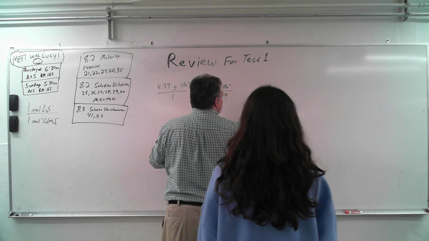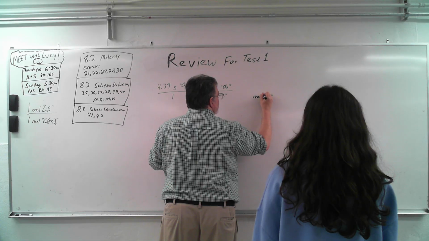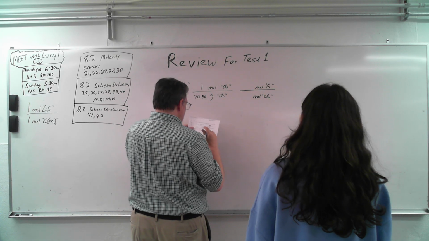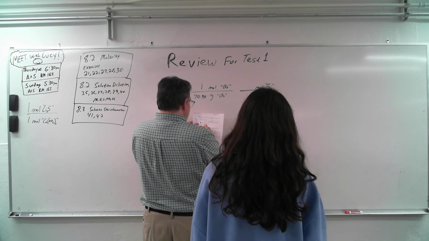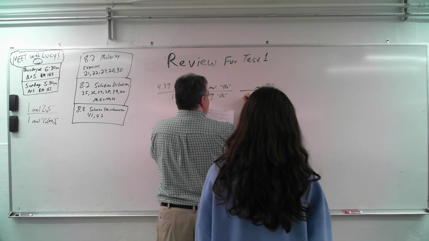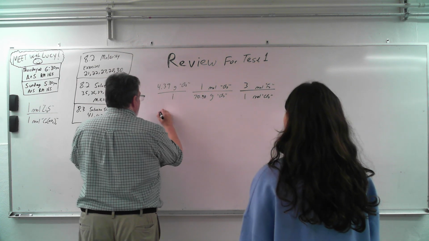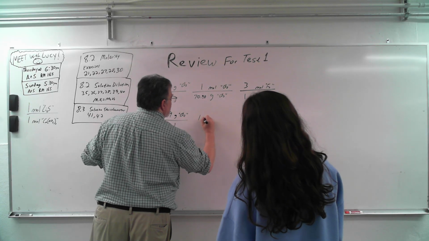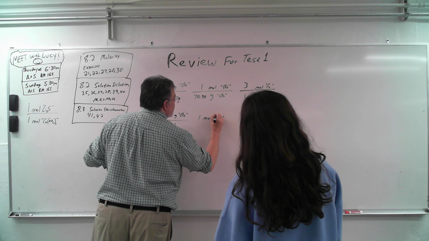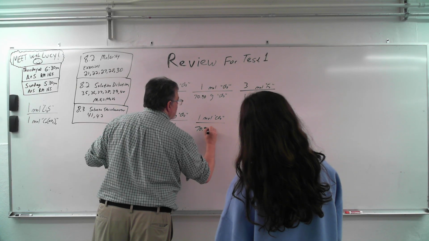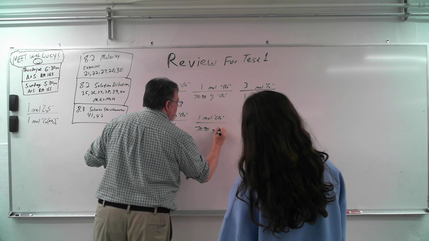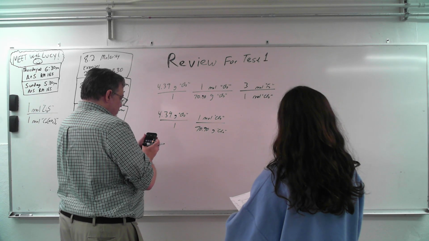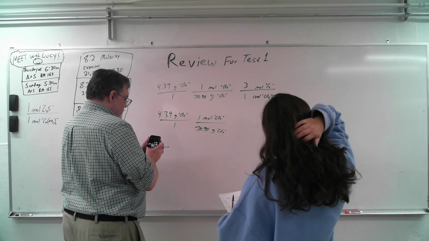I would have gone on and said moles of Cl2, moles of F2, and the reaction ratio was 1 to 3. But notice, if you went 4.39 grams of Cl2 over 1 mole of Cl2 and just calculated that, I think it's 4.39 divided by 70.90.